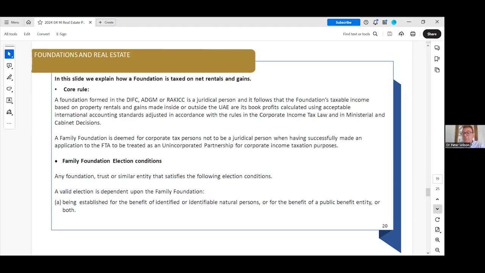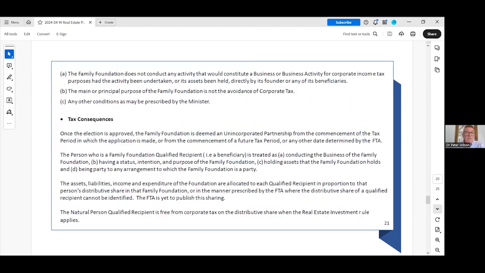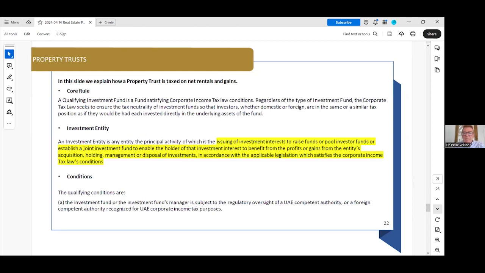Just do one more and then I'll stop for questions. Property trusts are going towards the complex structures, but what I want to impart here is that if a property trust is established correctly, the trust itself won't be a taxable entity, and the individual members of the property trust will be the taxable parties.